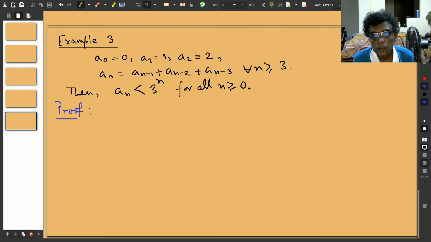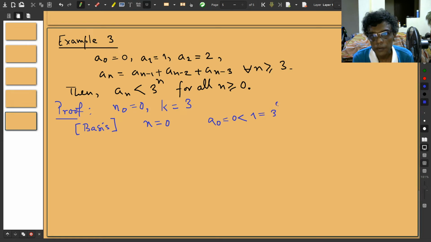Now this holds for all n greater than or equal to 0, so my n0 is 0. And because each term depends on 3 previous terms, our k will be 3. So I will have to consider 3 basis cases. For n equal to 0, A0 is 0, which is definitely less than 1, which is 3 power 0.